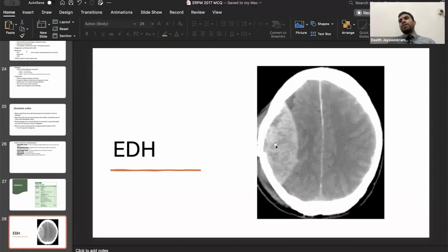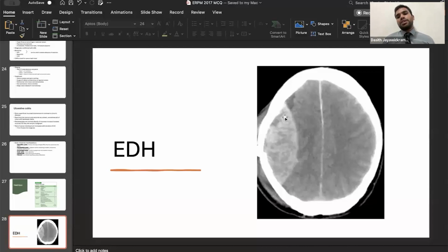But there's a limit to this compensation. Finally, there will be a point where the CSF and the blood cannot cope with the increasing mass. At that point, the brain will start to compress. For example, in this picture, you can see the right hemisphere is almost compressed, and there is some degree of midline shift.